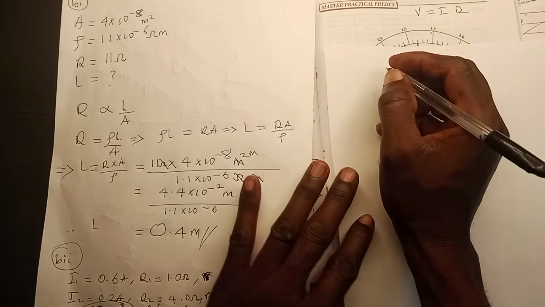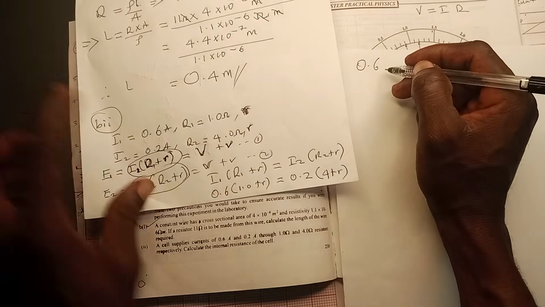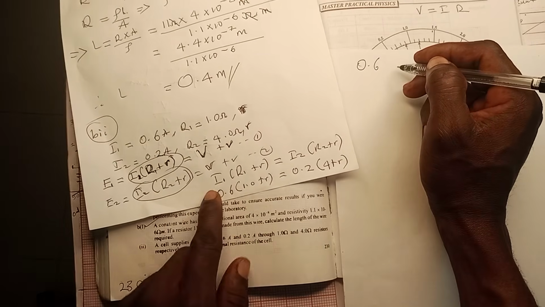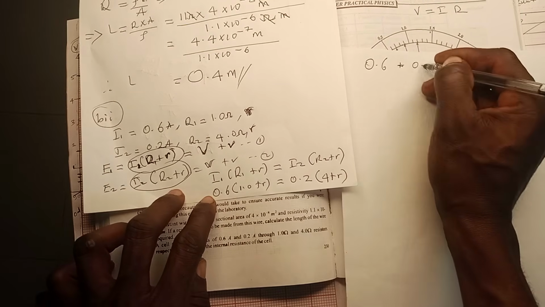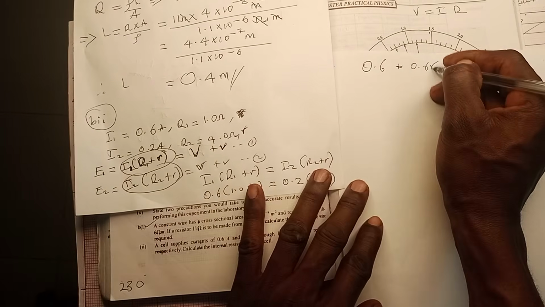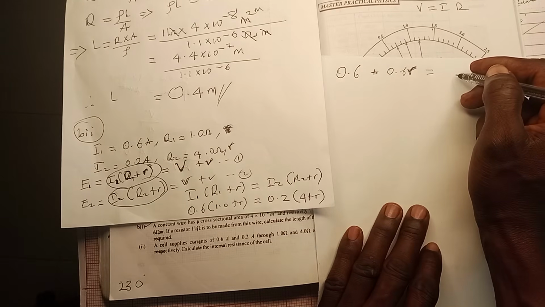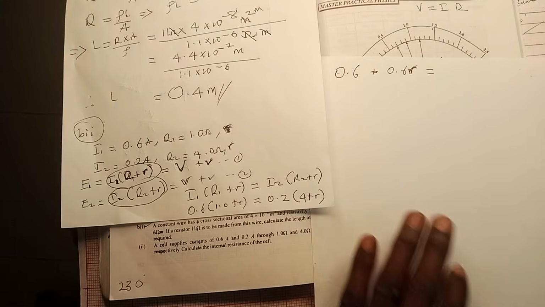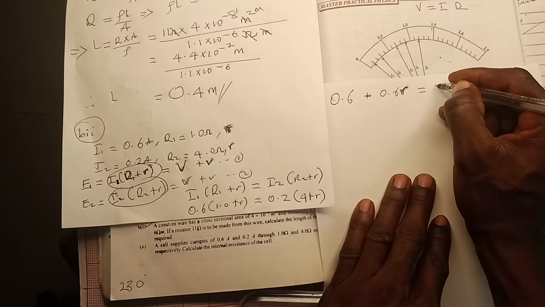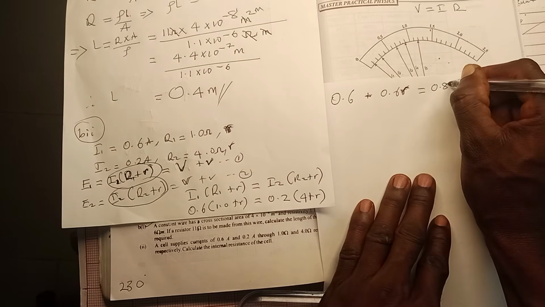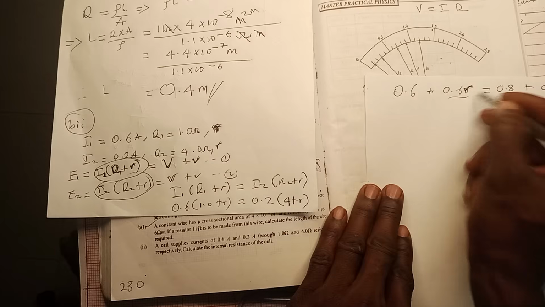We have 0.6 times 1 gives 0.6, plus 0.6 R is equal to 0.2 times 4 gives 0.8, I suppose. Yeah, 0.8. I was correct. We have 0.8 plus 0.2 R.